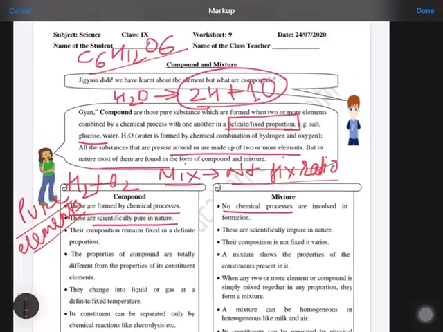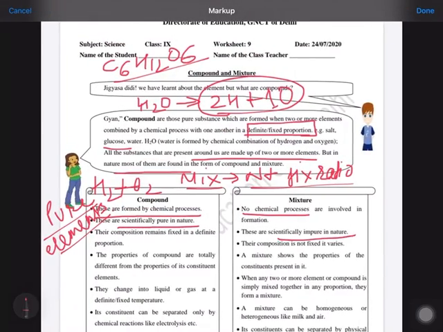When we talk of mixture, they are impure in nature. Why are we calling a mixture impure in nature? Because in case of mixture, the elements are not mixing chemically, they are just physically present. So there might be a possibility that the number of one element will be higher than the number of another element. So that's why they are impure in nature.